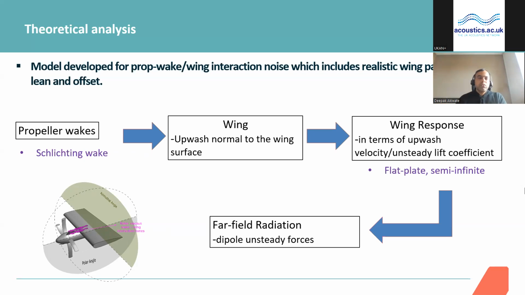From there we use a simplified wing response function, which covers both the low frequency as well as the high frequency region. We use the semi-infinite flat plate theory, and those dipole sources we extrapolate to the far field. Just a quick recap: the polar angle is the angle which goes below the propeller, and the azimuthal angle is the angle which goes in the plane of rotation of the propeller.